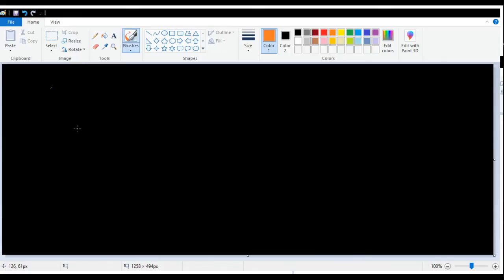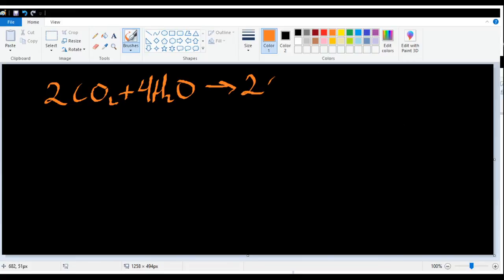It becomes 2CO2 plus 4H2O yields 2CH3OH plus 3O2, and our new enthalpy is positive 1452.